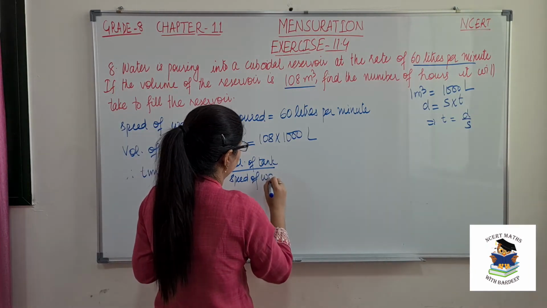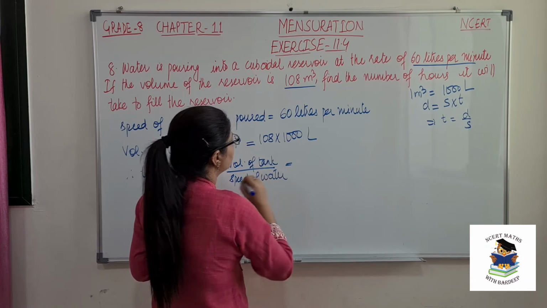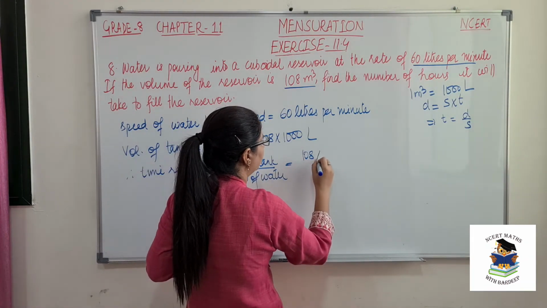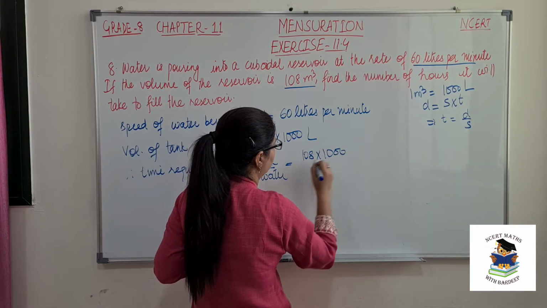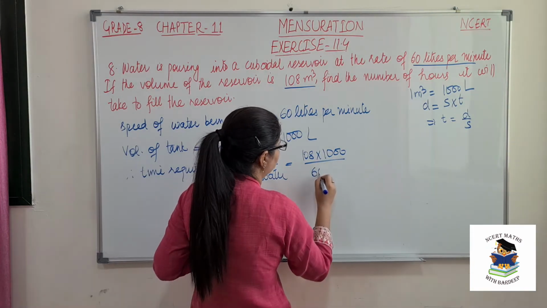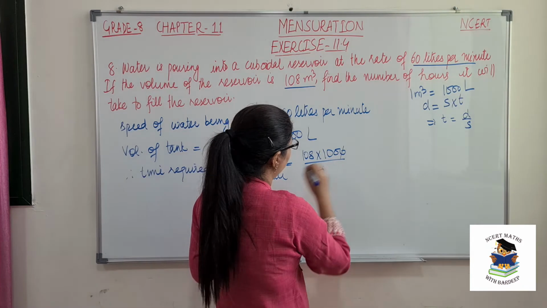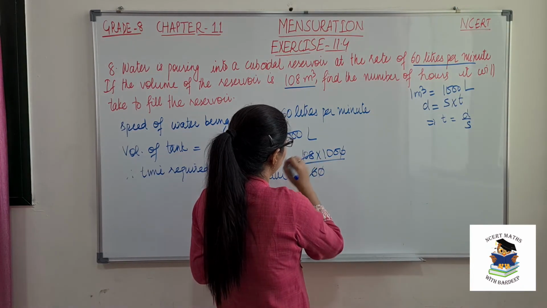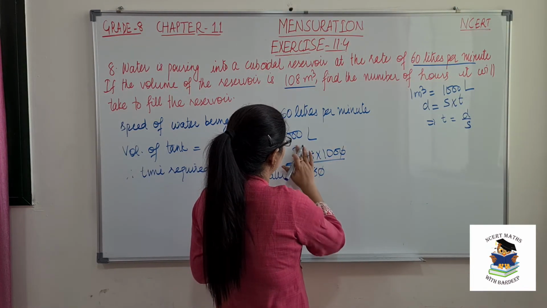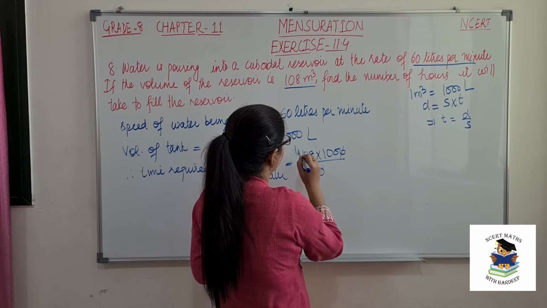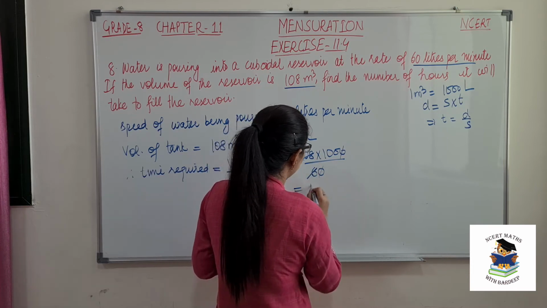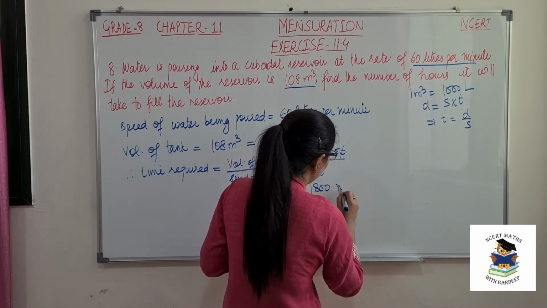Okay. So here it is 108 into 1000 and here we have 60. Okay. So this 0 and 0 will be cancelled. So this is 6 1s are 6 and 6 8s are 48. So this is 1800 minutes.